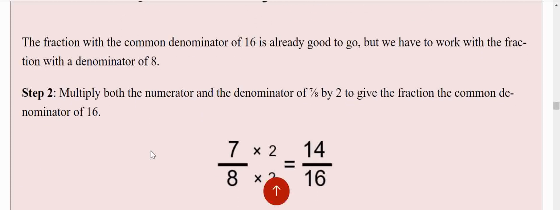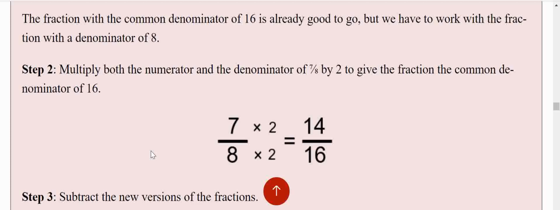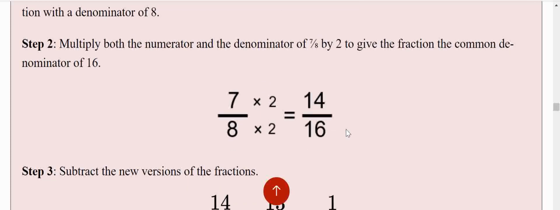Step 2. Multiply both the numerator and denominator of 7 over 8 by 2 to give the fraction the common denominator of 16. So you see that here, we multiply the numerator and denominator by 2, that equals 14 over 16.